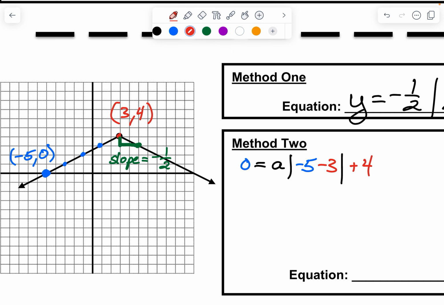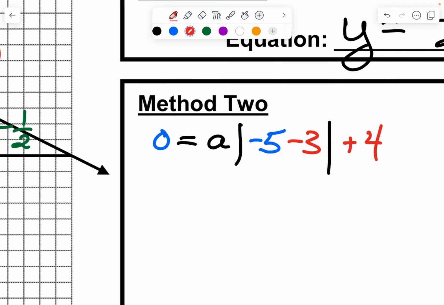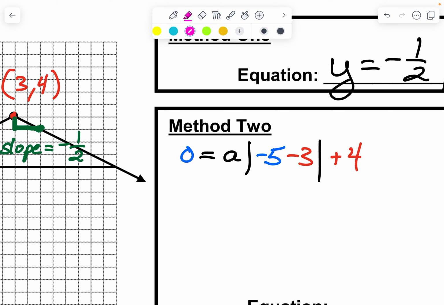Technically, I'm trying to find the letter A. So let's solve. I skipped a step, and I give you permission to, if you understand, to jump right into this step where you're plugging everything in for the vertex and for x and y. Again, I give you permission to do that if you understand it.